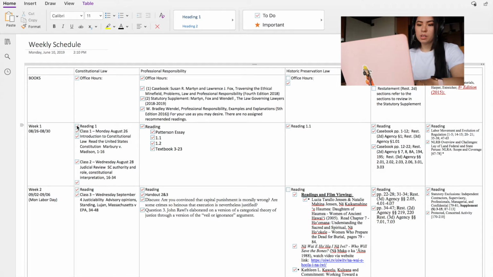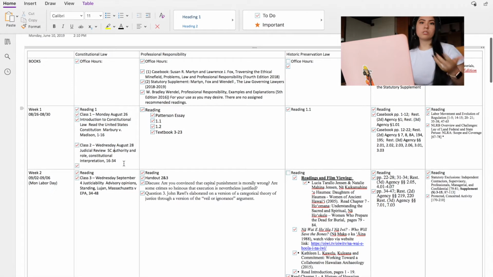For constitutional law, for class 1 on the 26th, there was Marbury versus Madison, the famous first case that establishes judicial review. And for class 2 on the Wednesday of that week, I had other judicial review readings. There's normally 2 classes per week, so 2 readings.